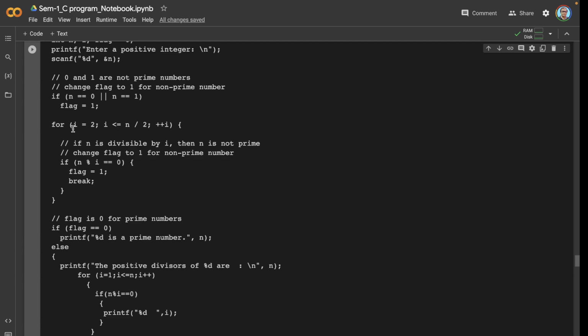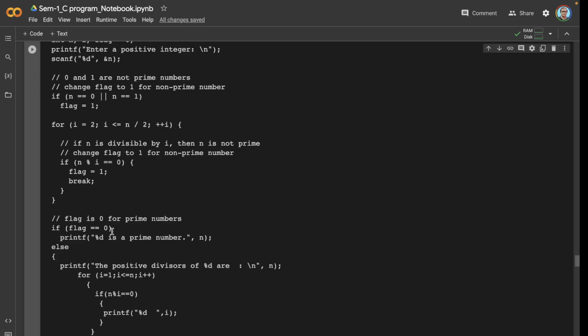And then from i equals 2 up to i less than or equal to n by 2. So if n is divisible by i, then n is not prime. Change flag to 1 for a non-prime number. If n modulo i equals 0, then n is divisible by i, then flag equals 1 and break.